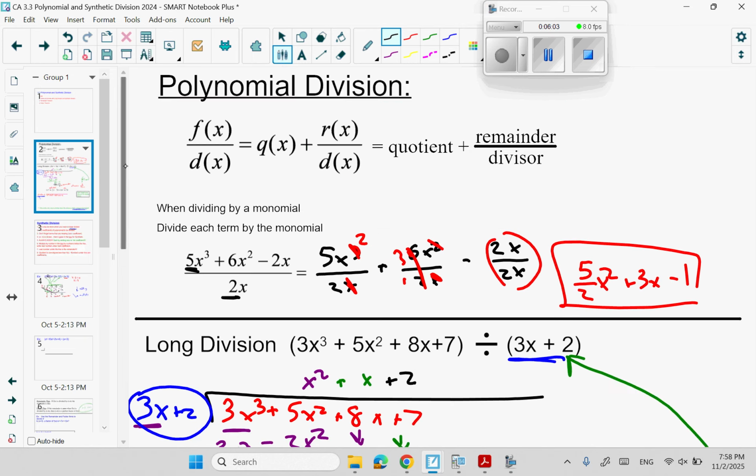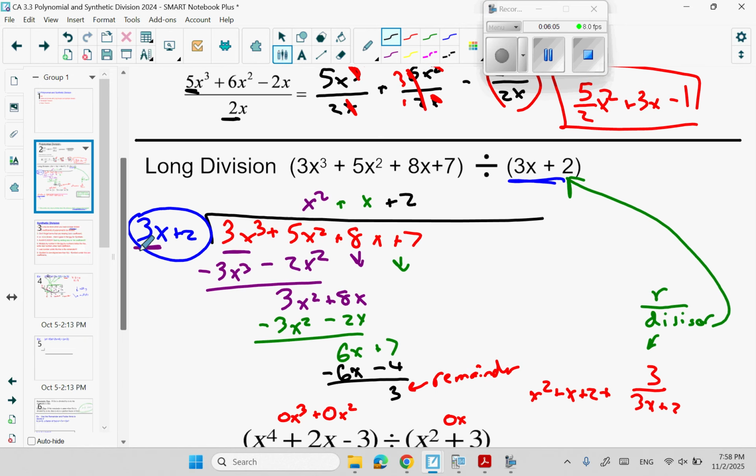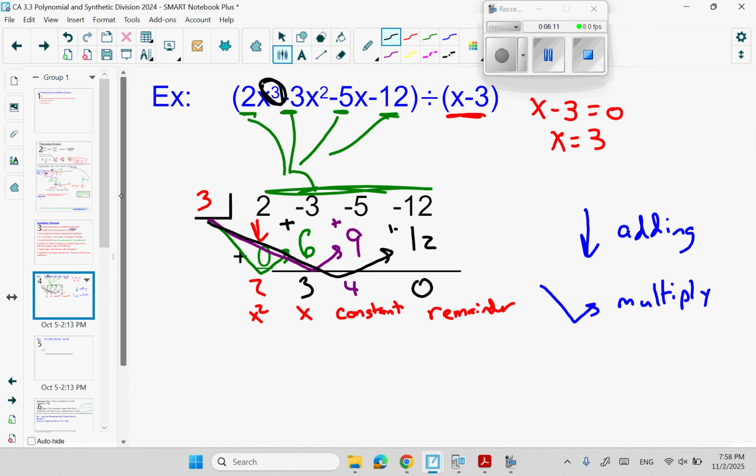Because at the end of the day, just like on this slide, we're dividing and breaking things down. I broke things down from 3x cubed to just x squared. Same idea here. And because the divisor is always going to be linear, my degree will always go down by 1. So my answer is 2x squared plus 3x plus 4.